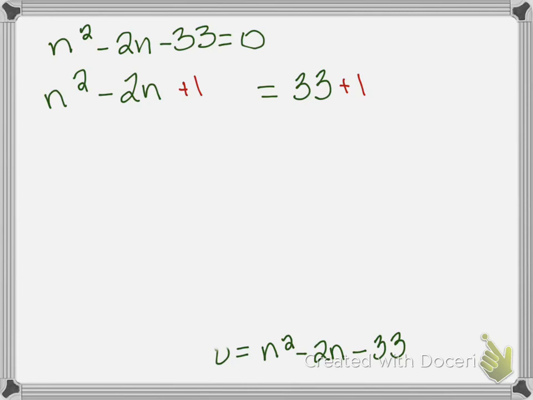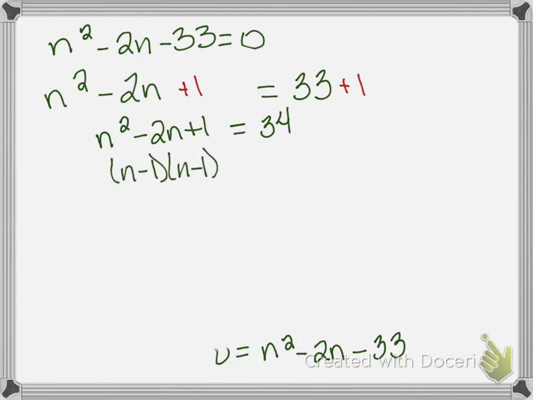Okay? So I have n squared minus 2n plus 1 equals 34. Okay? This factors to n minus 1 times n minus 1. We rewrite that as n minus 1 squared. We did that by design.